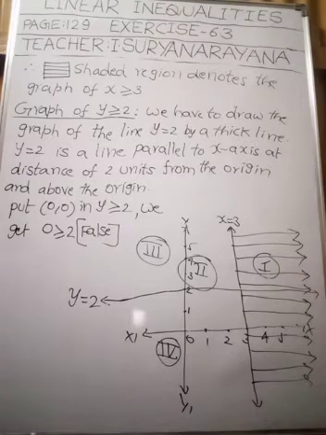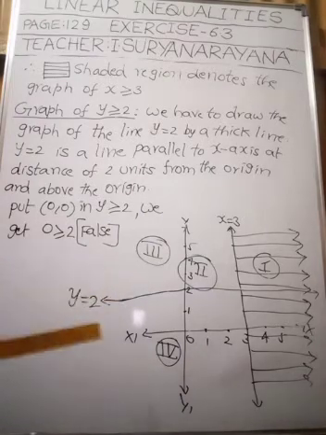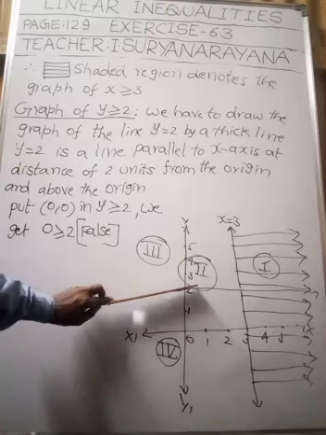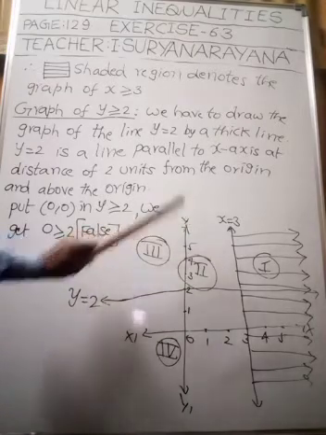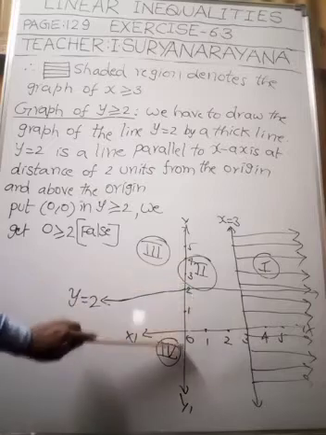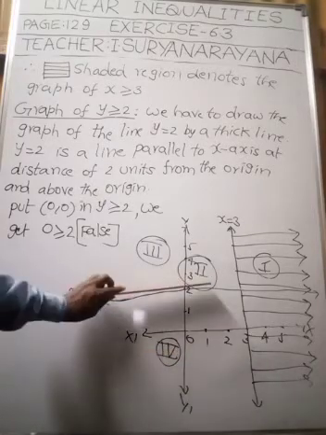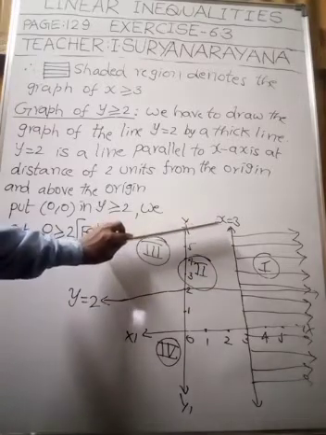Then we have to identify in which half plane the origin 0, 0 lies, below the line or above the line. Yes, this origin is lying below this line, so we should not shade this half plane. We have to shade the half plane above this line.